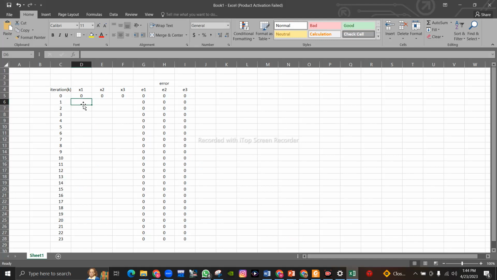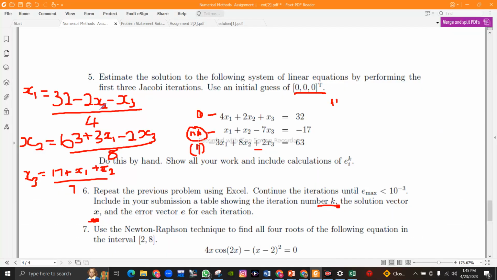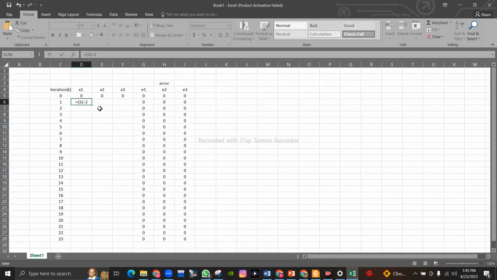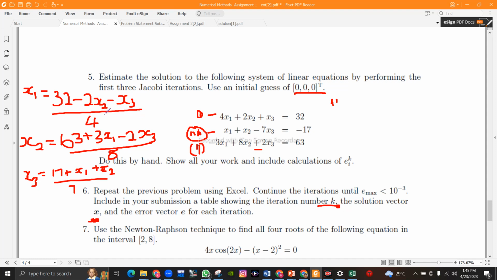32. That will be equal to, open bracket, 32 minus 2 times x2 in Excel. x2 is what? This x2 that we are talking about is the previous value, which is 0 here. Don't always forget that: x2 is the previous value from this 0, 0, 0.